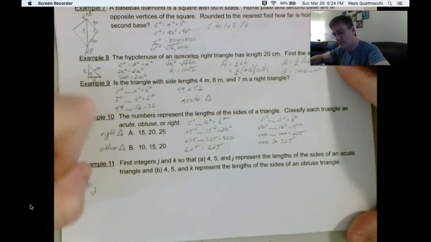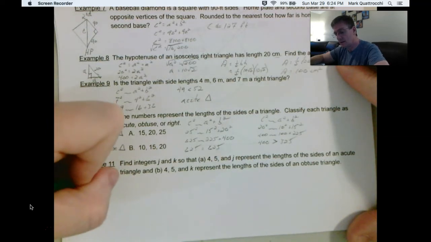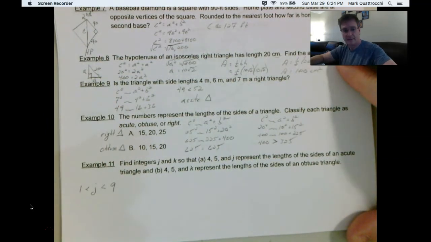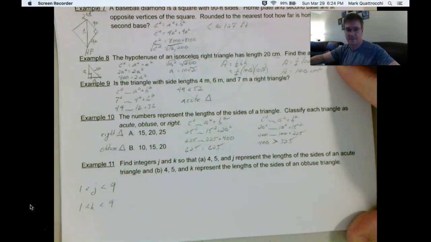J has to be between 1 and 9. K also has to be between 1 and 9. Otherwise, we're not making a triangle.